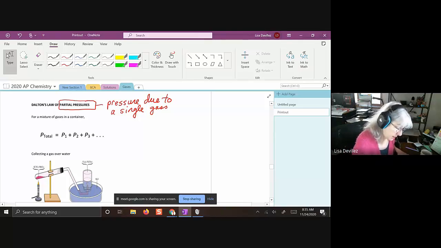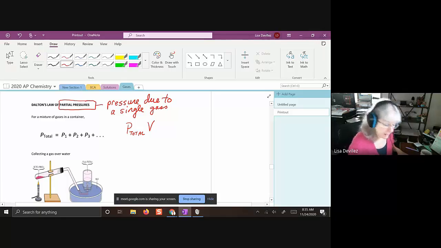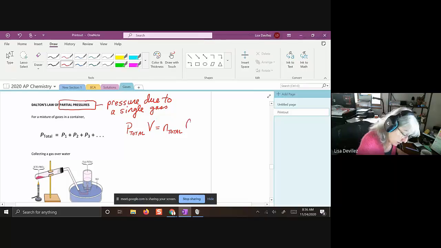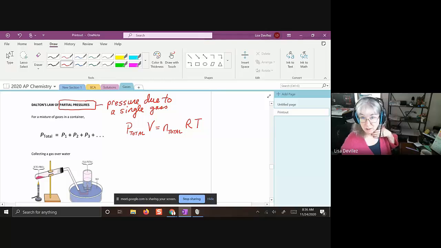For example, if we were doing PV = nRT, the total pressure times the volume will be the same because they're all in the same container. Then our total moles would be the sum of all the moles in the container, times R, and the T is the same for all of them because they're all at the same temperature.